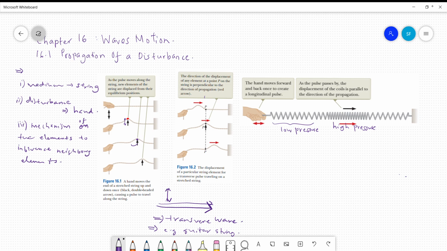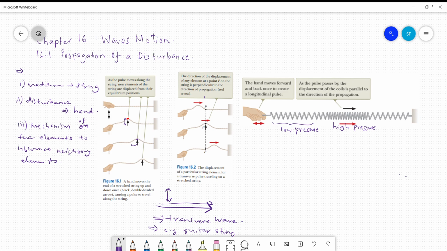Now, in the next diagram, we apply the external force in a different way. Here the force applied at the end of the spring is either to the left or to the right.